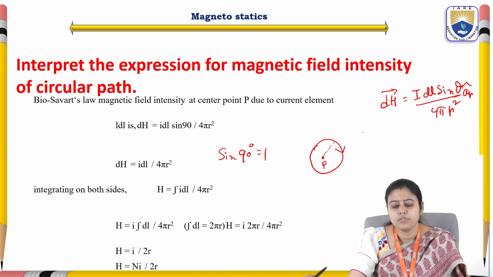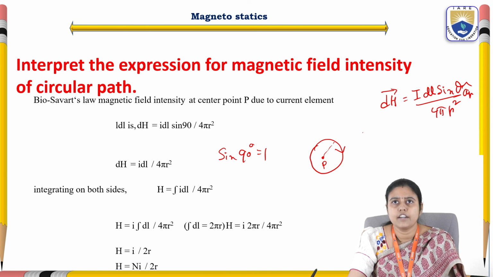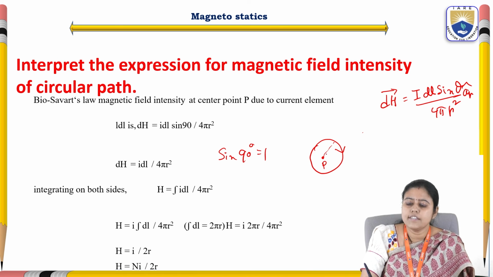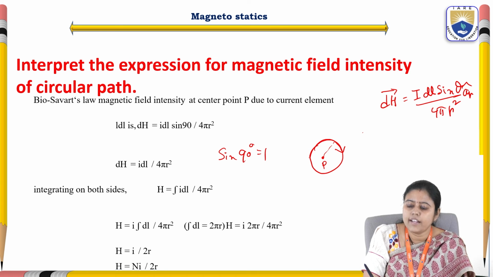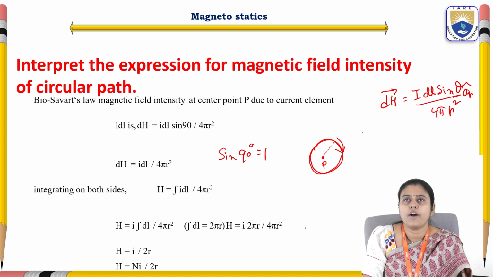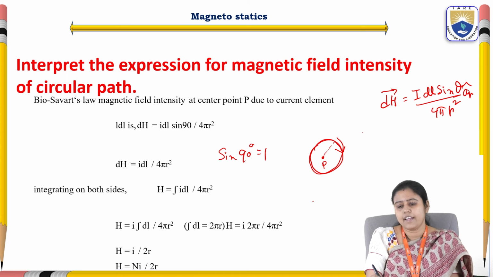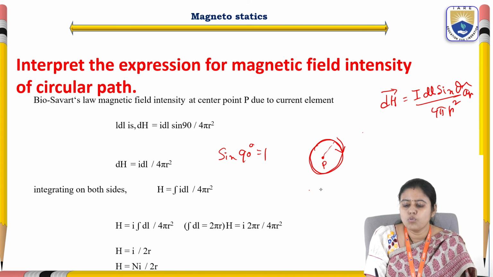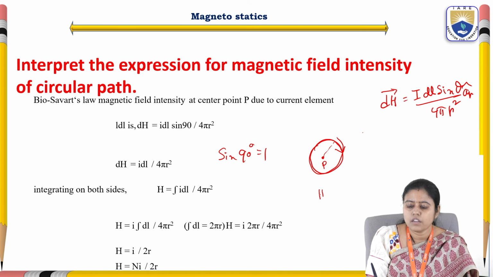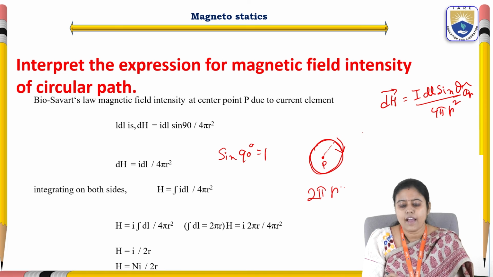So H is equal to integration of I dL by 4 pi r square, or H is equal to I integration of dL by 4 pi r square. What is dL? dL is the total length of this path. So what is the total length for a circle? For a circle, the total length is the perimeter of the circle, and the perimeter is 2 pi r.